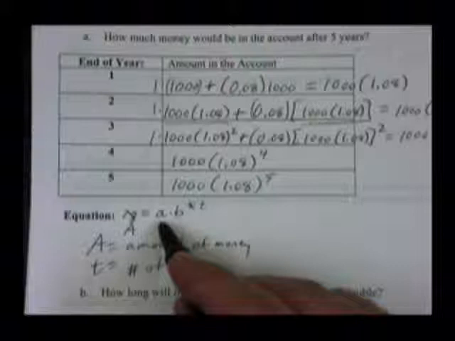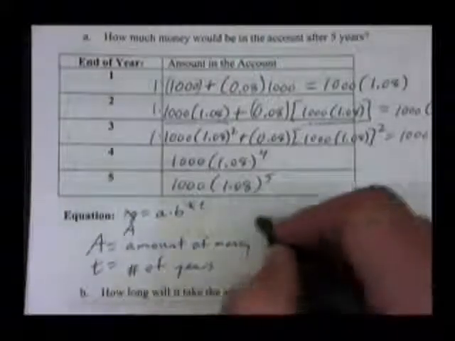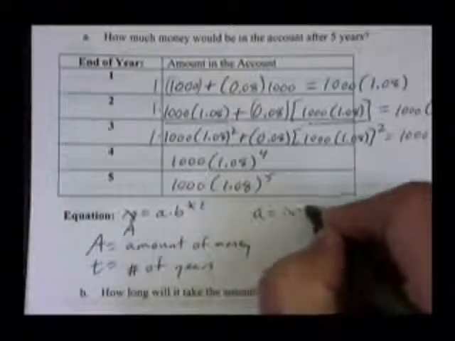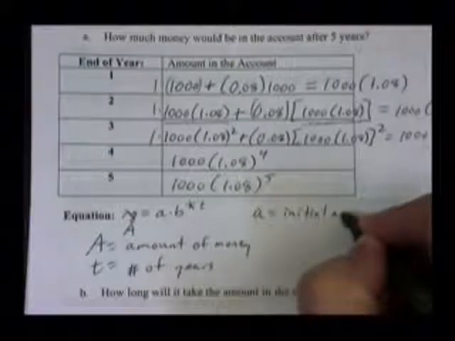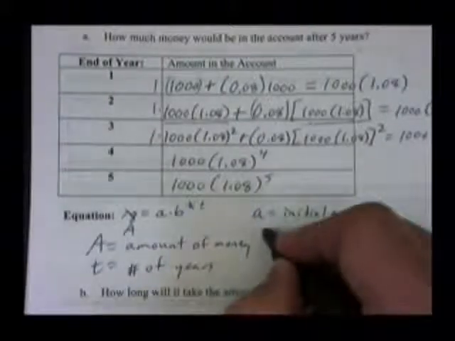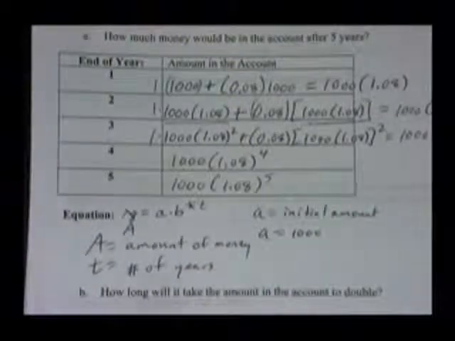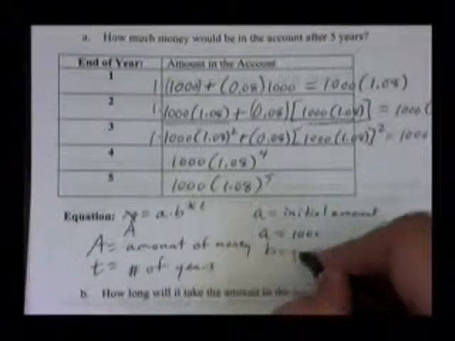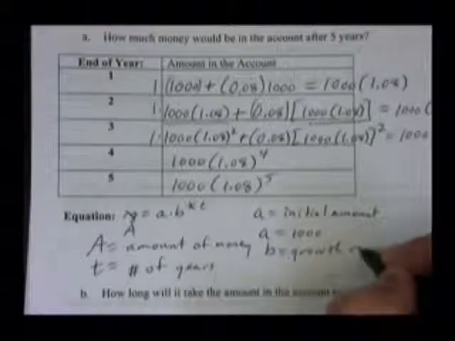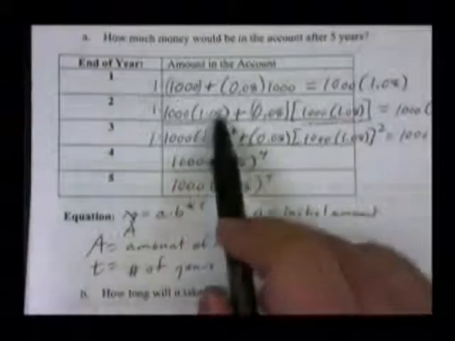What would a be? Well, a would be our initial amount. So a would be $1,000. B is our growth rate. So what are we growing by each time?